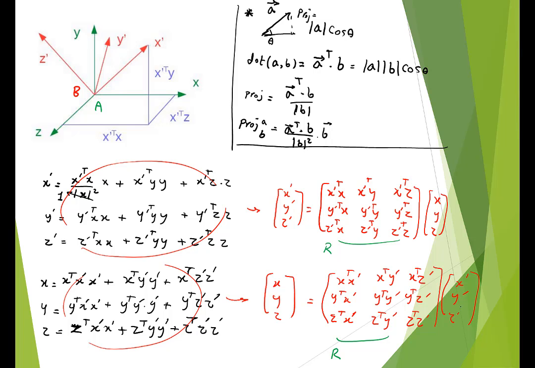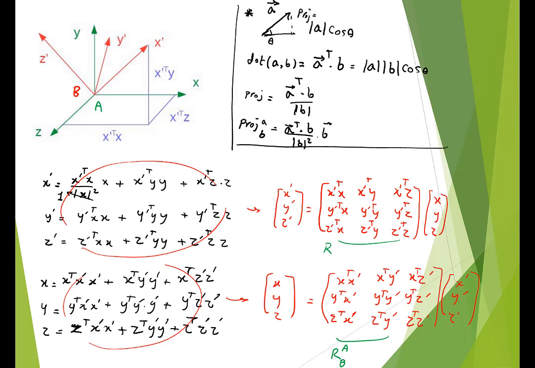To differentiate these, we use these subscripts to show what each rotation matrix does. For instance, a rotation matrix that brings x'y'z' frame, frame B, into xyz frame, frame A, is shown using this.